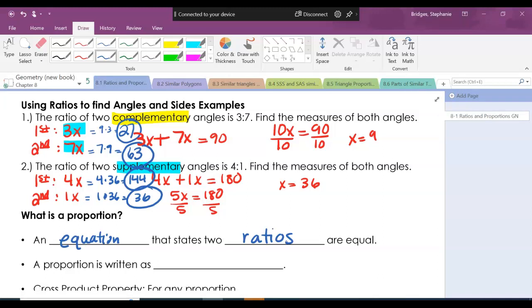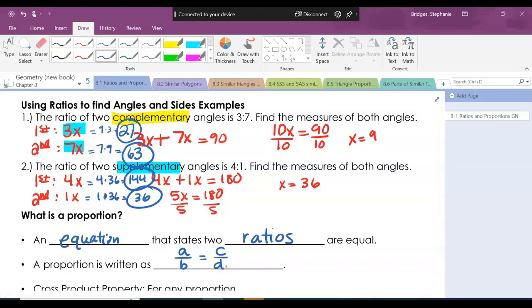And the way that's going to look with some variables, obviously, because we don't have specific numbers, it's going to be 1 ratio A to B is equal to a second ratio C to D. Okay, one fraction equal to another one. That's what a proportion is.